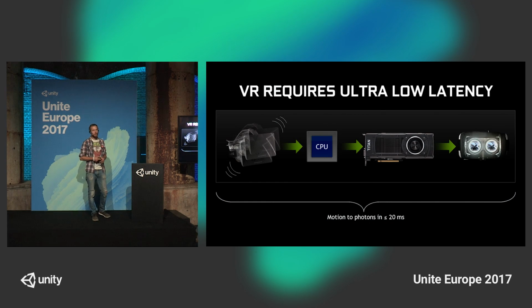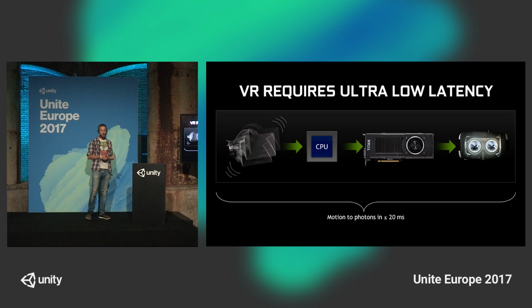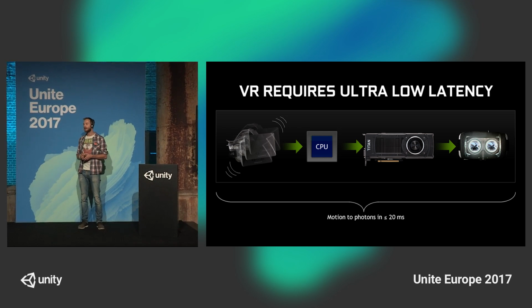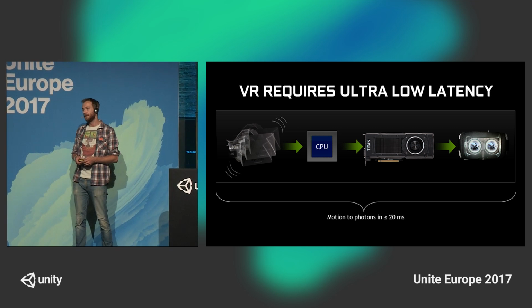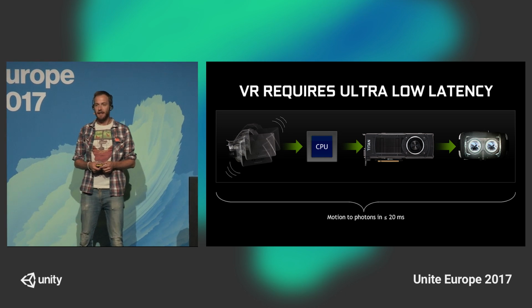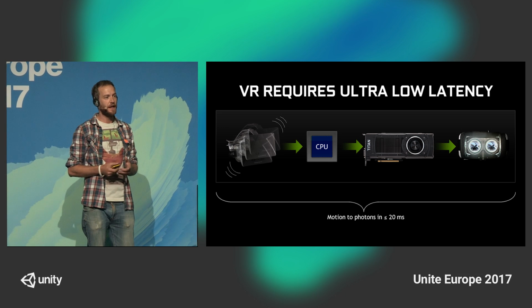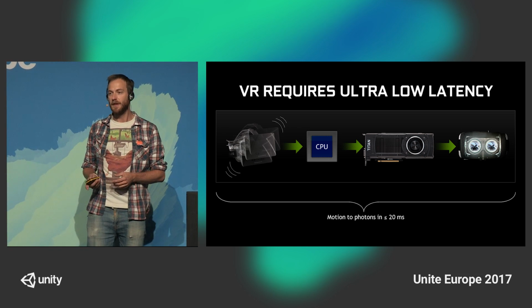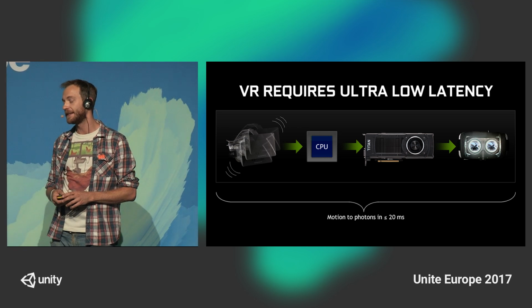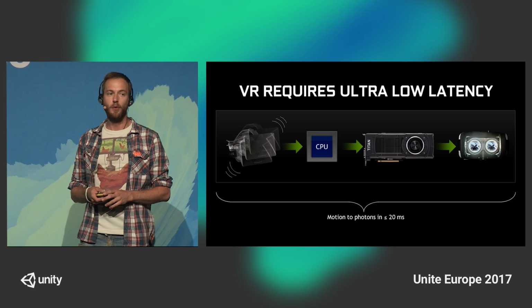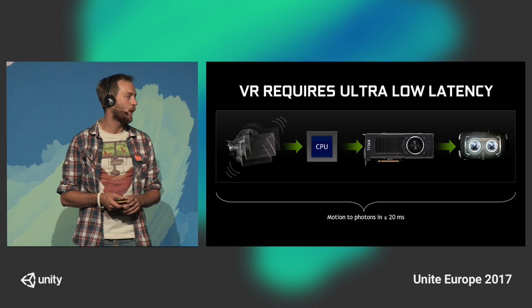All right, most of you probably know this, VR requires a lot of things that are different from traditional gaming, and one of them is ultra-low latency. You take the headset movement and send that to the CPU, which sends the processed data to the GPU, which then sends the rendered image to the headset. You will want a motion to photon latency lower than 20 milliseconds.